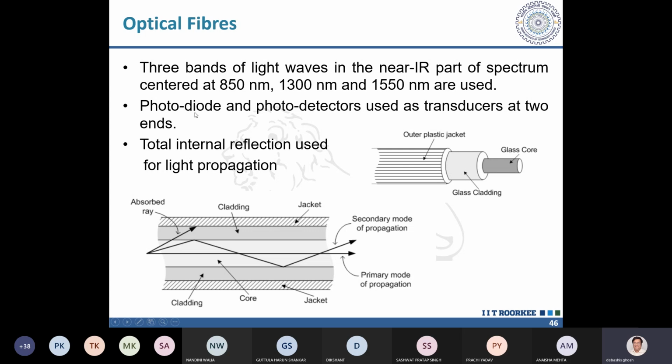Sorry, it should be an LED, a light emitting diode, not photodiode. The light emitting diode, or laser, produces light of this range, and on the other side you will have photodetectors for detecting the received signal.